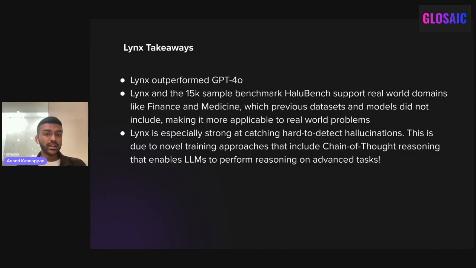This is because we trained it on semantically perturbed data, including chain of thought reasoning data, which was the very first time that anyone had trained an evaluation model on chain of thought reasoning data. And so if you want to read more about exactly how we train this model and how it works in general, you can check out the paper on arXiv or on Huggingface as well.